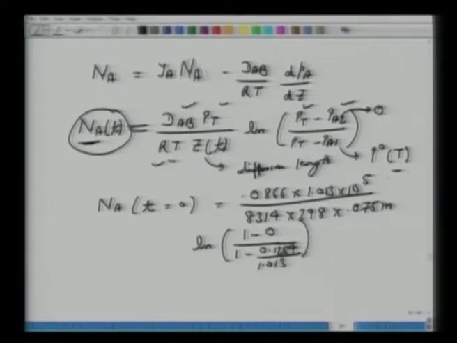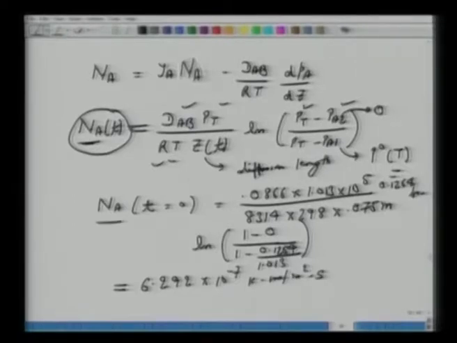So the vapor pressure of ethyl acetate at that temperature is given as 0.1264 bar. All we have to do is to substitute and solve to obtain 6.292 times 10 to the power minus 7 kilomole per meter square per second. So the diffusion flux to start with at t equal to 0 is so much, and as Z increases, NA will decrease as 1 over Z. So that's the first part of the question.